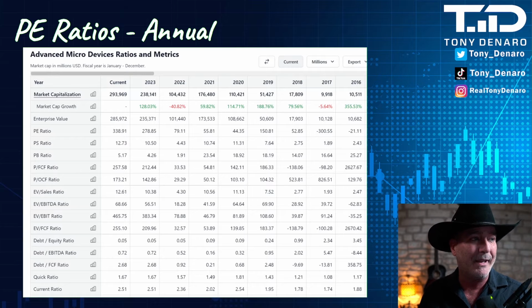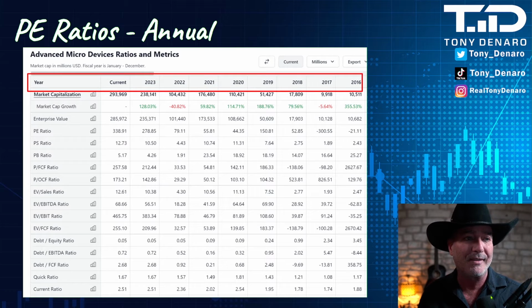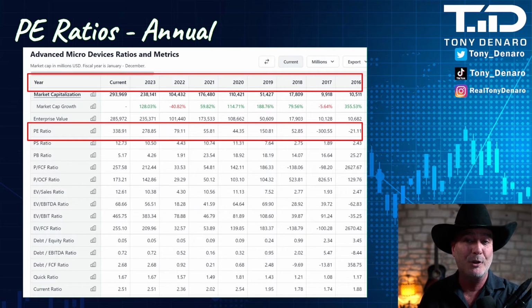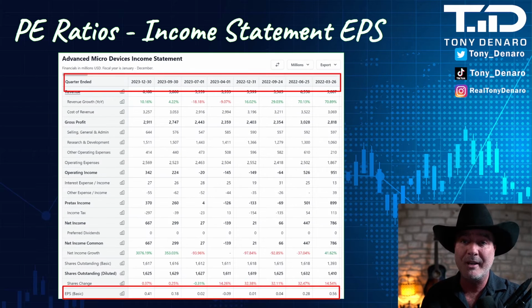And so I have AMD pulled up here. You can see the years up here at the top of the screen. And if you look down there in the second row, we have the whole history of PE ratios for AMD. And we can see in the far left column, the current PE ratio is 338.91.